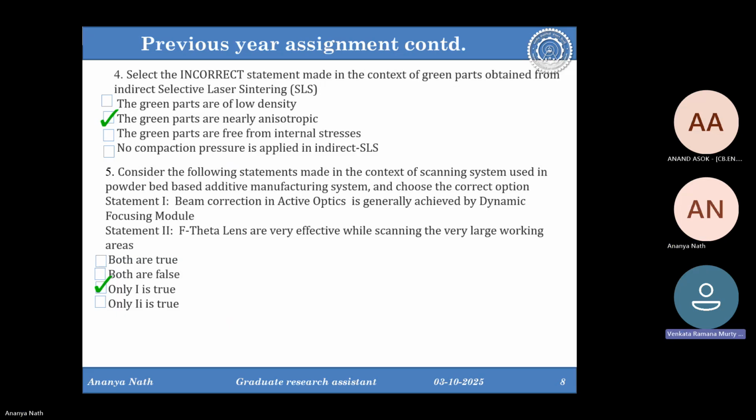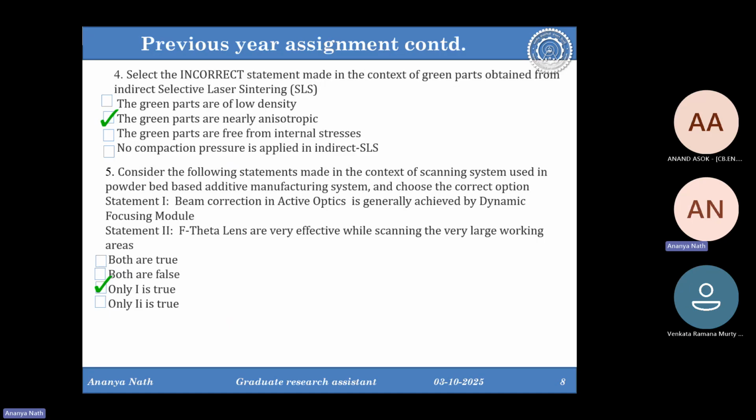But F theta lenses are part of the galvanometer. No, both are different modules. Both are different things. No. We integrate both together, and the entire setup we are calling the galvanometer, but the galvo scanner and F theta lens are different things.